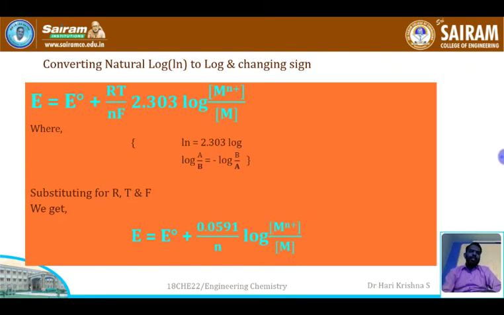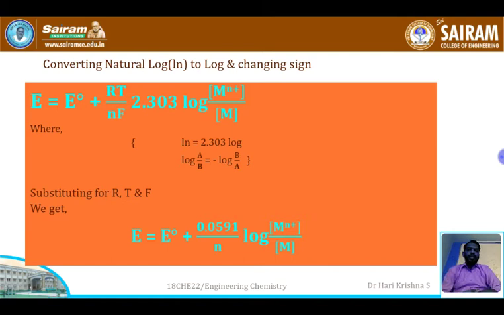To make the entire equation positive, we interchange the sign, that is, numerator becomes denominator, since log a by b equals minus log b by a. Applying this, we get E equals E naught plus 2.303 RT by nF log concentration of M^n+ by M. So changing the sign and converting ln to log are both done in a single step.